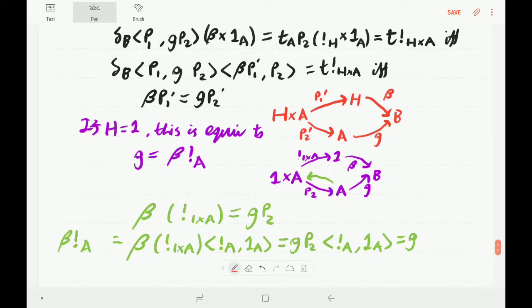Now, I want to connect this with another occurrence of this for all notation in a slightly different looking format, but actually it's pretty much exactly the same thing when we understand.